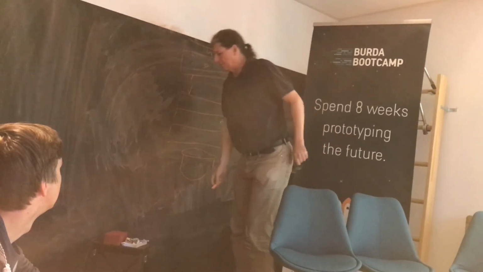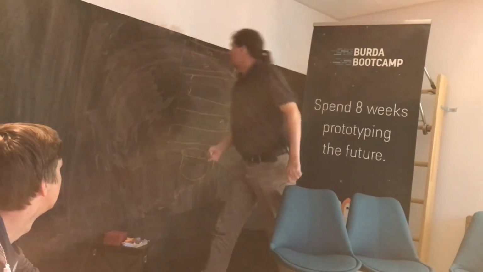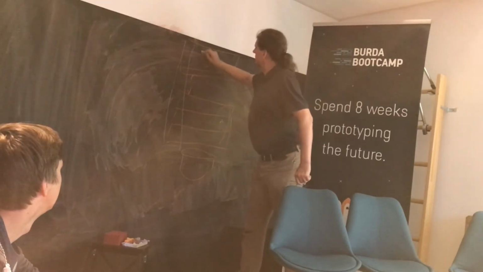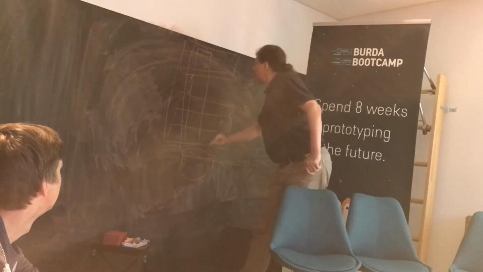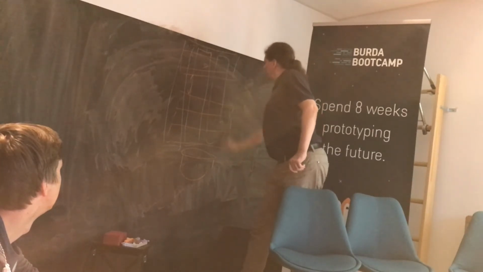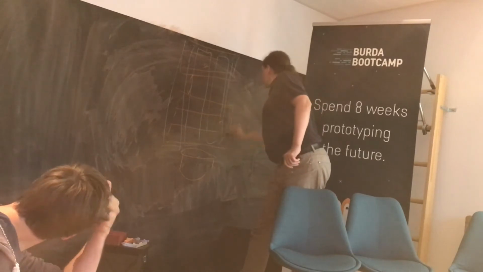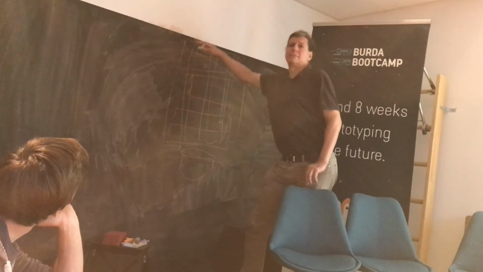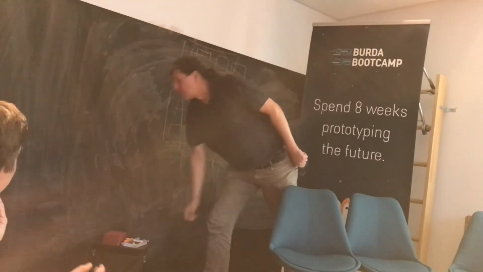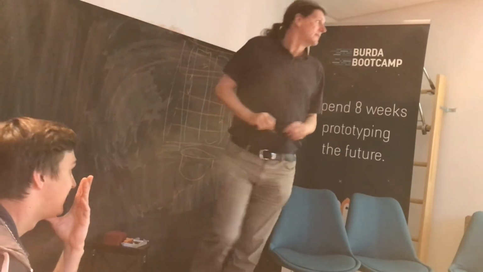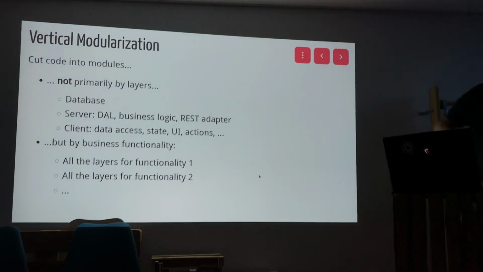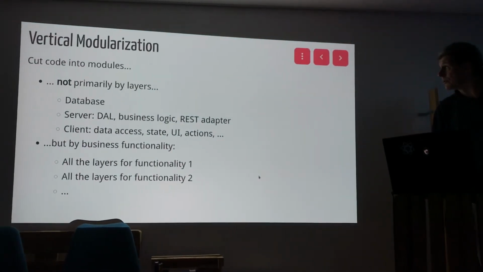So it's typically better to use some sort of vertical slicing of your functionality, where you have a module that covers all the layers of the tech stack for a particular functionality. And I think the picture already says everything I wrote on the slide.